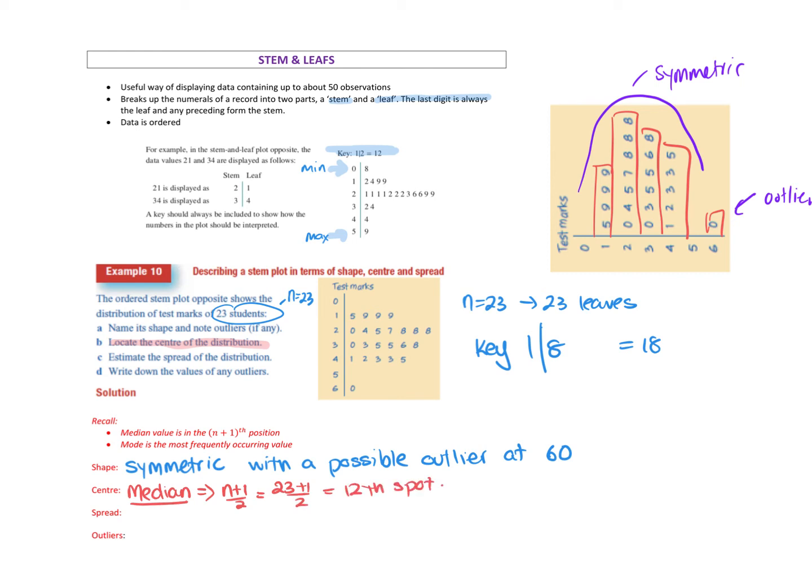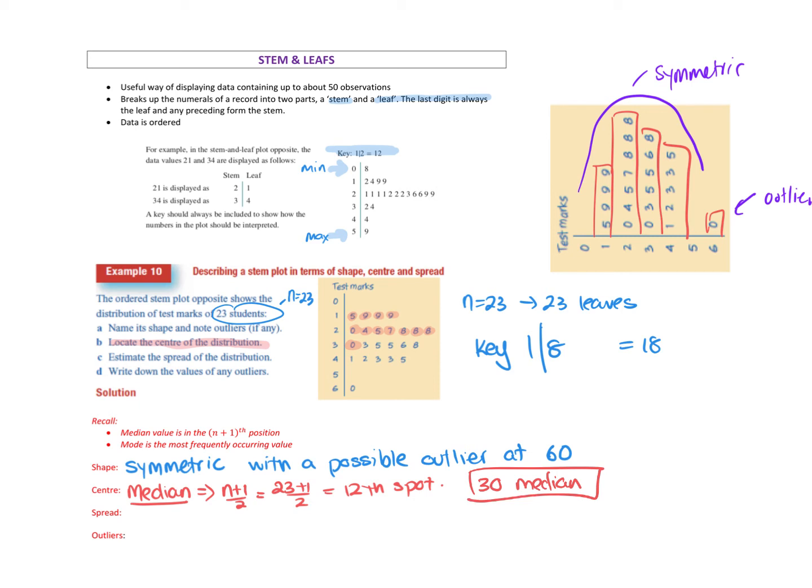Once again, you don't have to write all this out. I am just showing you so we know how to get it. So I'm going to go up to the 12th leaf, starting from the smallest: 1, 2, 3, 4, 5, 6, 7, 8, 9, 10, 11, 12. So we're going to say 30 is the median, and that's the center. Okay, so that would be your answer.